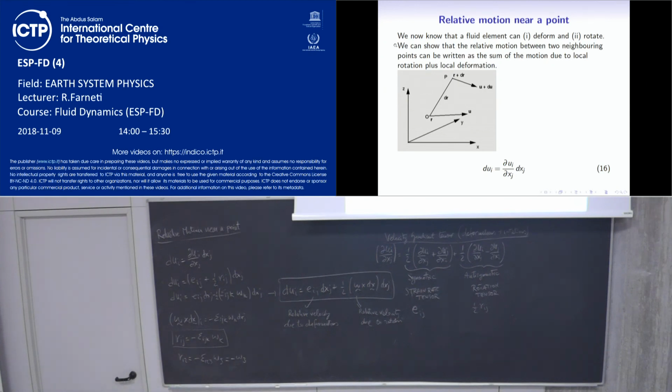And in effect, if we substitute omega over 2 with angular velocity, we get just the motion of a rigid body. I mean, you're assuming with the vorticity that this is the angular velocity of a rigid body.